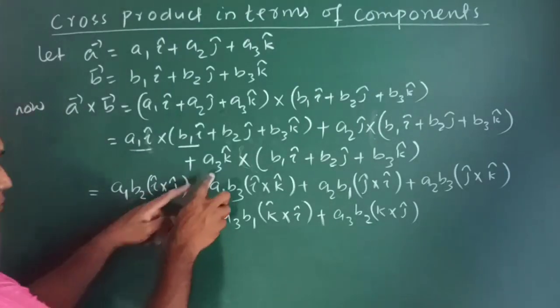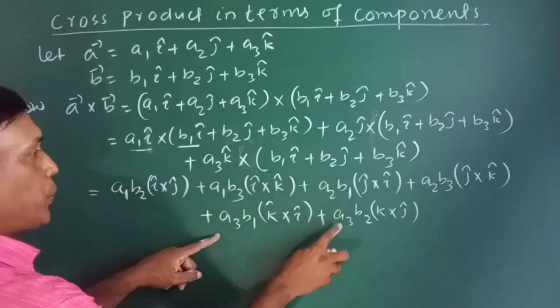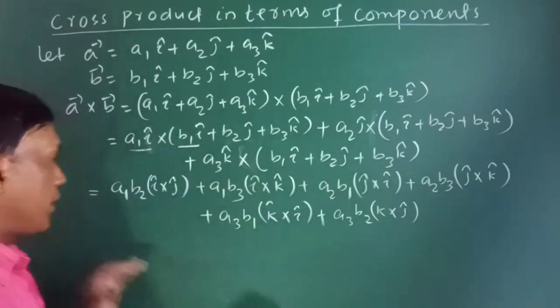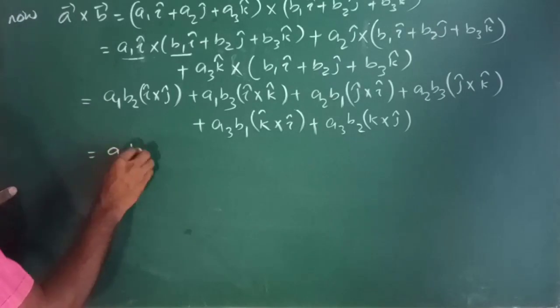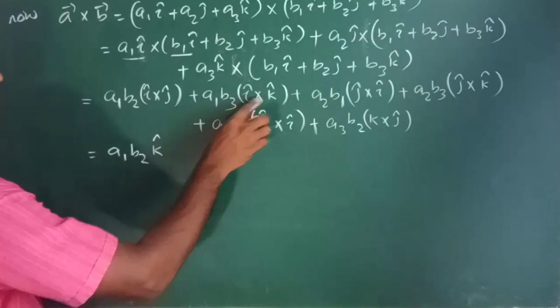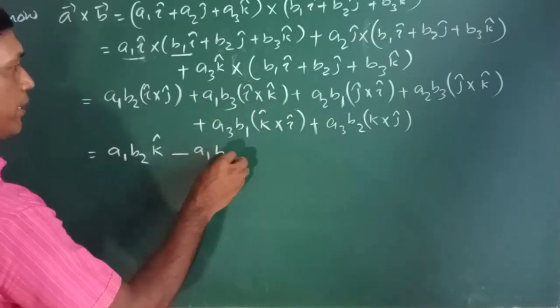Next is A3 B1 k cross i, A3 B2 k cross j, and k cross k is 0. Now here A1 into B2 i cross j is k, i cross k is minus j, minus A1 B3.